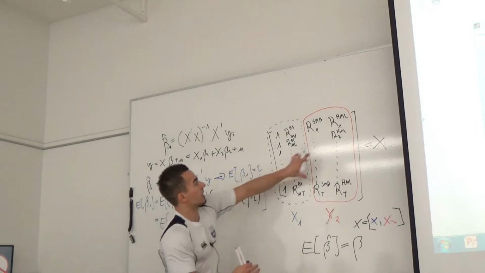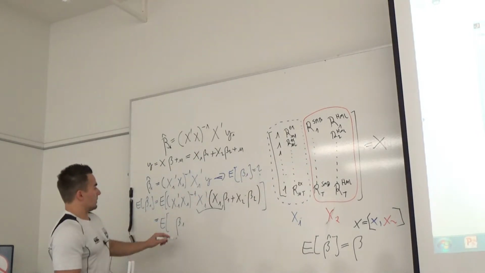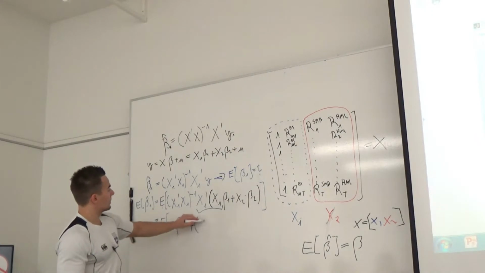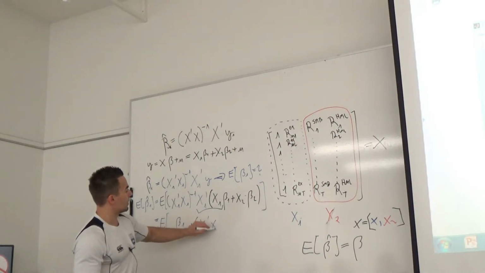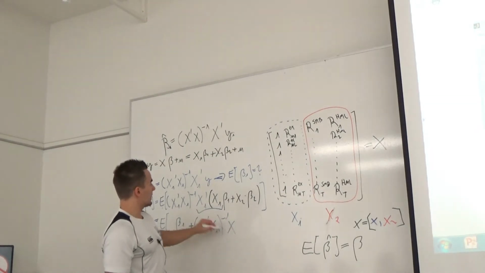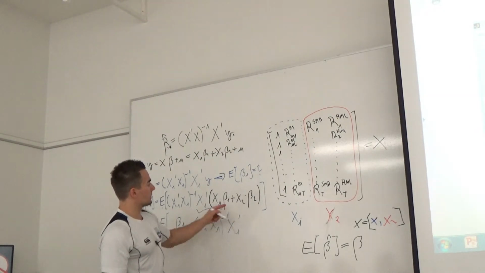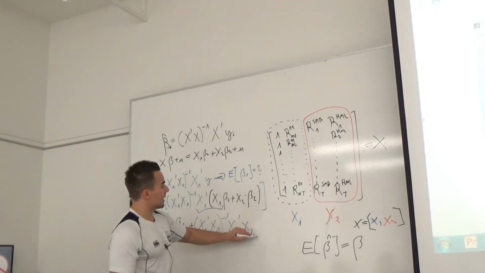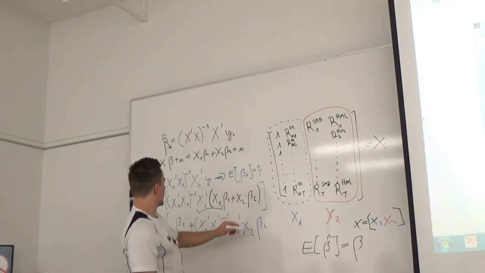So what we get is x1 prime x1 inverted times x1 prime times x2 times beta 2.